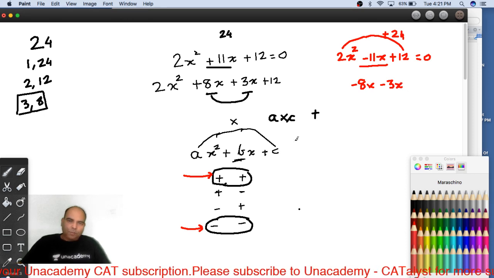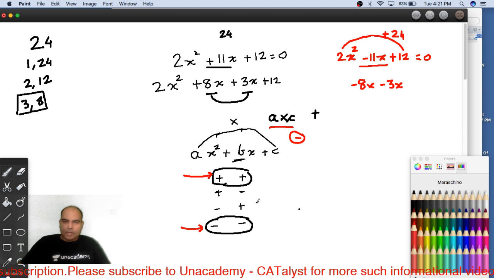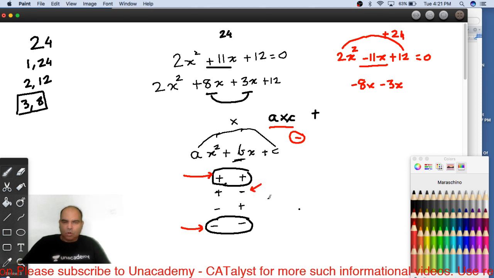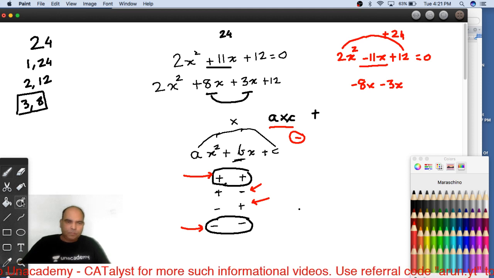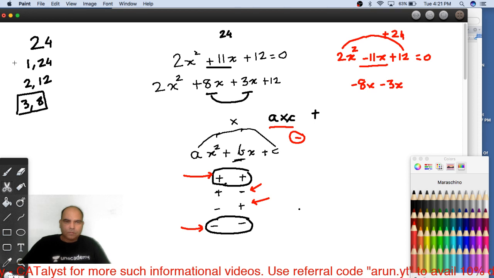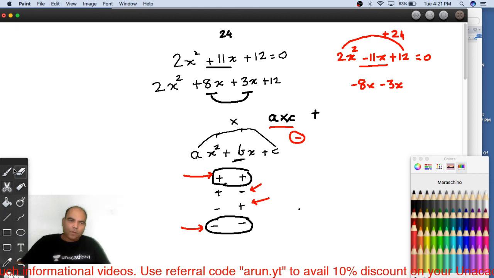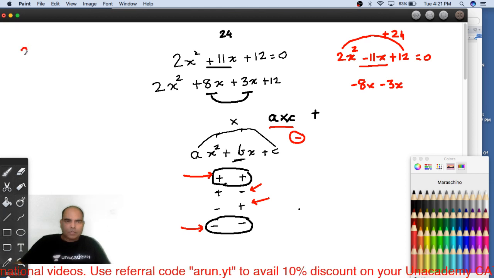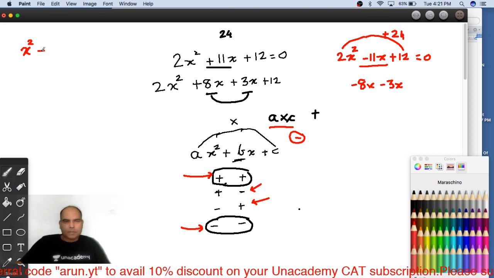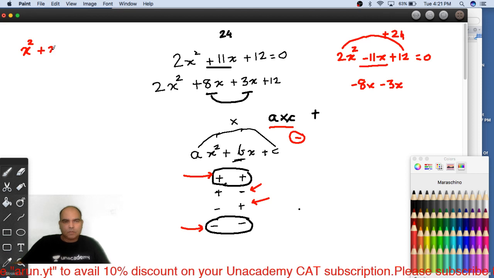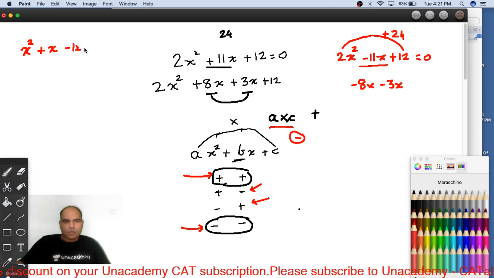Now, when the product of a into c is negative, then the split is plus minus or minus plus. So for example, if I illustrate to you an example for that, let's say you have a quadratic equation of x square plus x minus 12 is equal to 0.